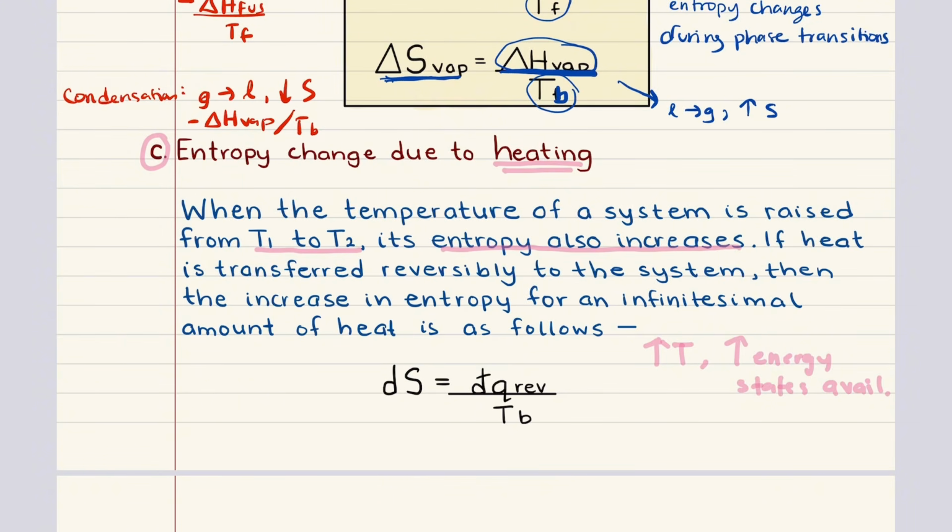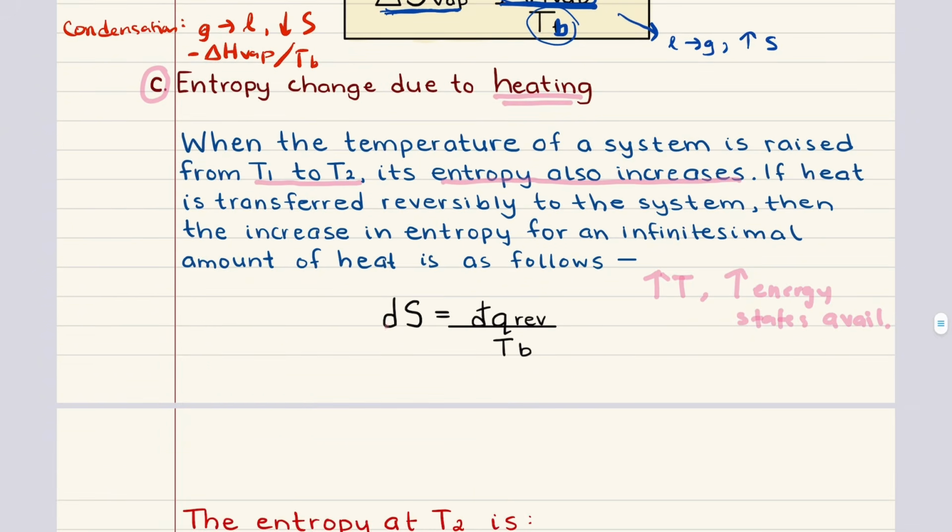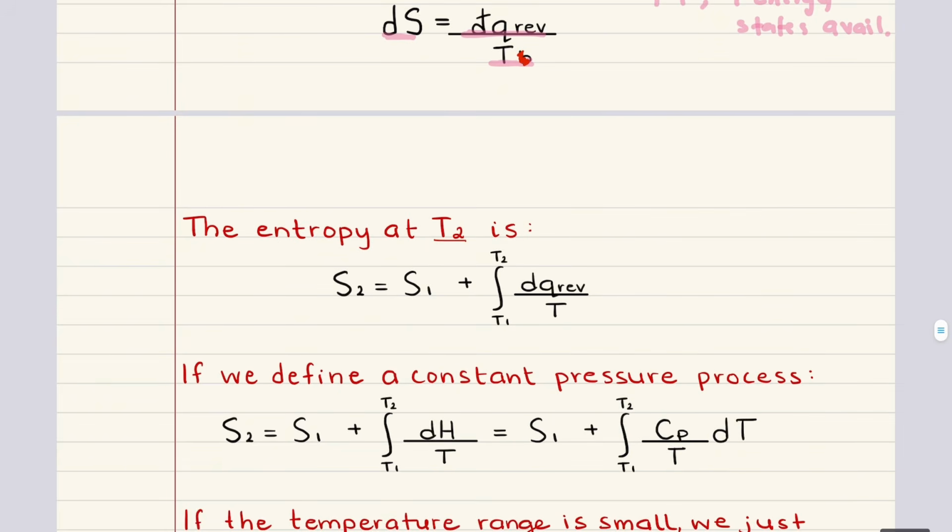All of this means more microstates and higher entropy. Now, the general definition again is dS equals dq reversible divided by T. If we integrate this from the initial temperature T1 to a final temperature T2, we can write the entropy at T2 as S2 equals S1 plus the integral from T1 to T2 of dq reversible over T.